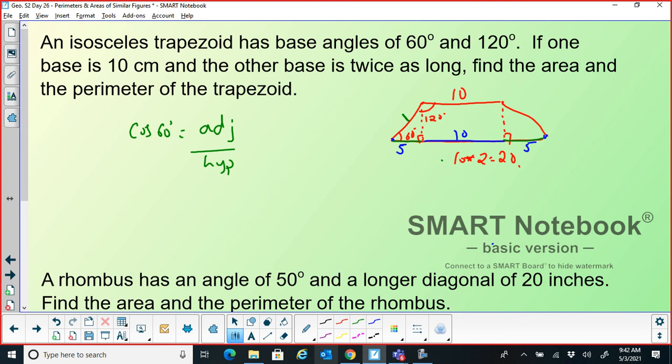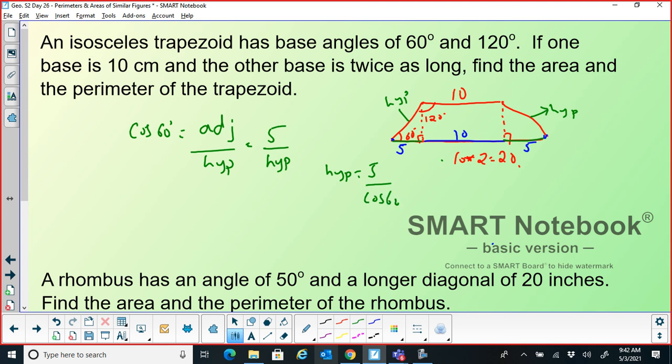This is your hypotenuse, and once I have it, it is the same as this other hypotenuse, since it's an isosceles trapezoid. Adjacent was 5. Hypotenuse I didn't know, so I'm just keeping it as HYP. Cross multiplying, I get HYP equals 5 divided by cos 60.